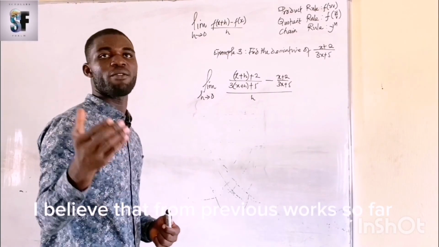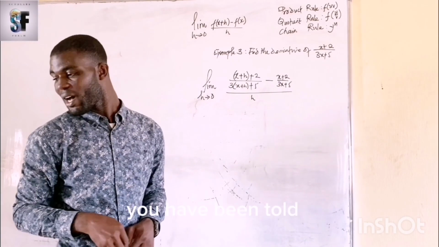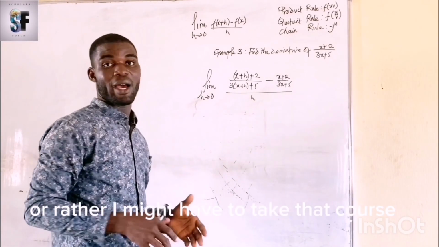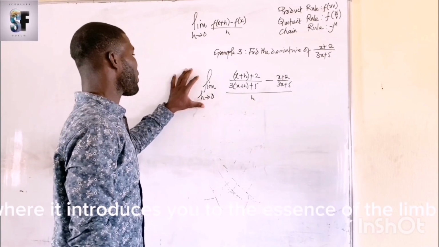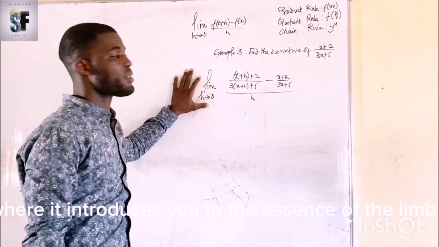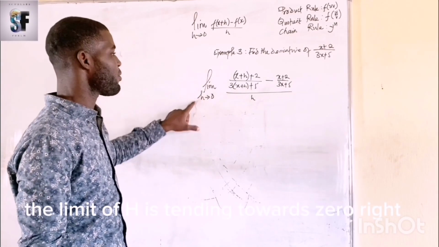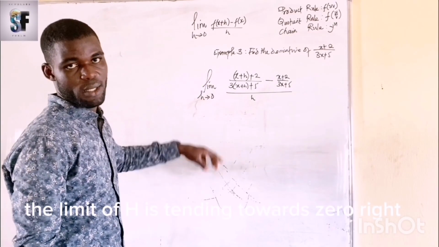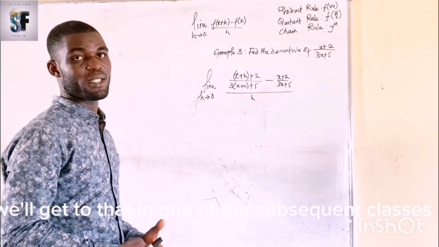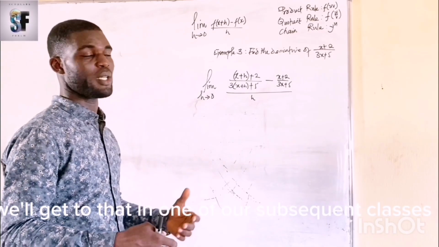I believe that from previous work you have been introduced to the essence of the limit function. Limit as h tends to 0 means the limit as h is tending towards 0. We'll get to that in one of our subsequent classes.